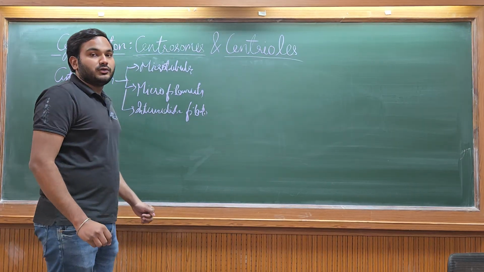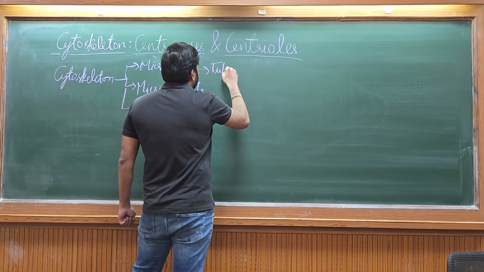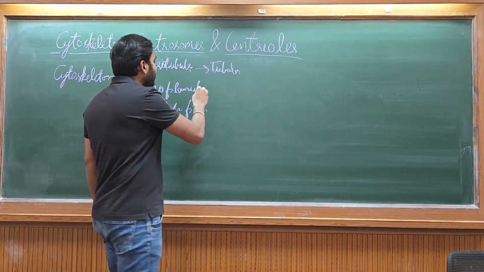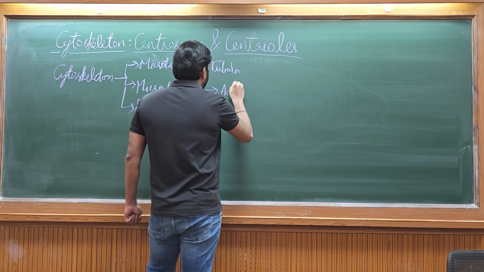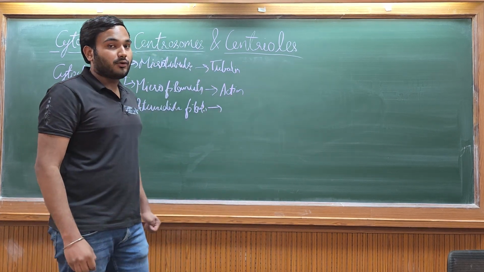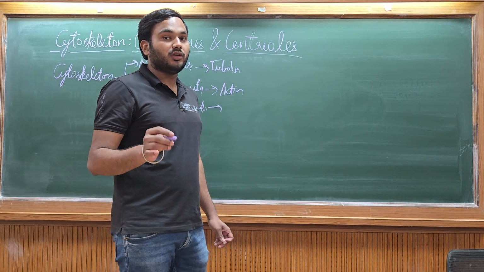Microtubules are made up of tubulin protein. Microfilaments are made up of actin proteins, and intermediate filaments are made up of different types of proteins such as keratin, desmin, etc., depending upon the location.